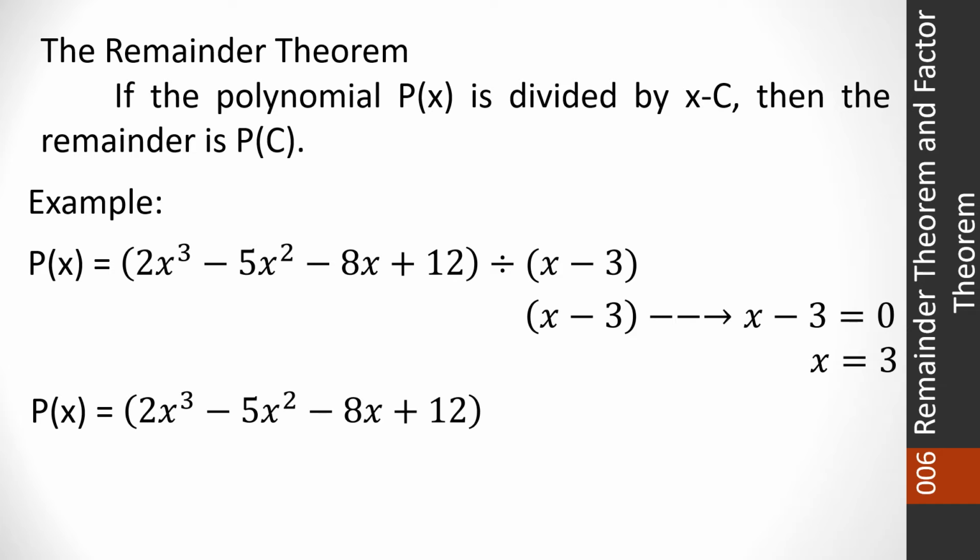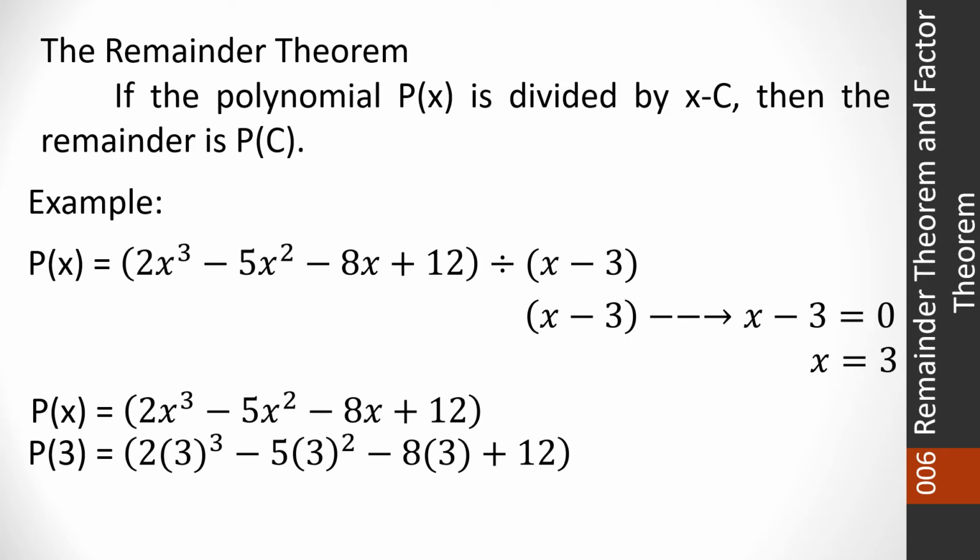And then, since we have x is equal to 3, let's substitute that to all of the variable x from the given expression. So, we have p of 3 is equal to 2 multiplied to the cube of 3 minus 5 multiplied to the square of 3 minus 8 times 3 plus 12.